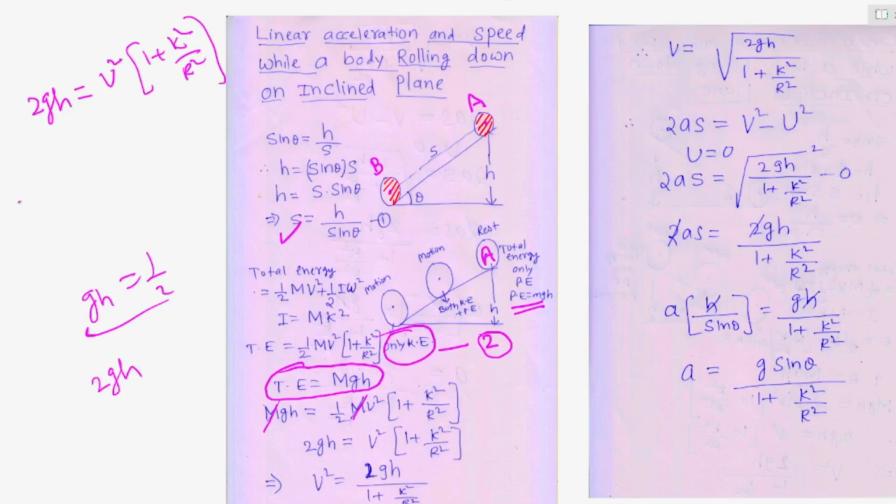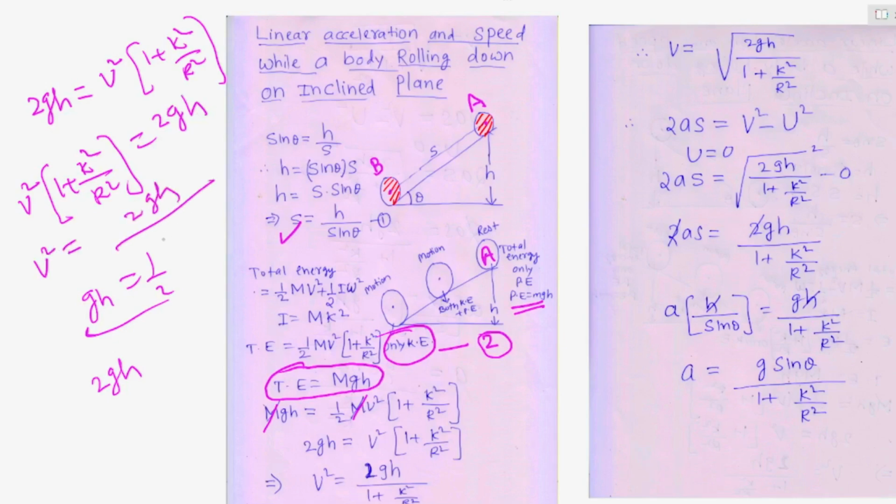So this can be written as v square times 1 plus k square upon r square equals twice gh. This term goes down, and it becomes twice gh divided by 1 plus k square upon r square. Therefore we got v square equals twice gh upon 1 plus k square upon r square.